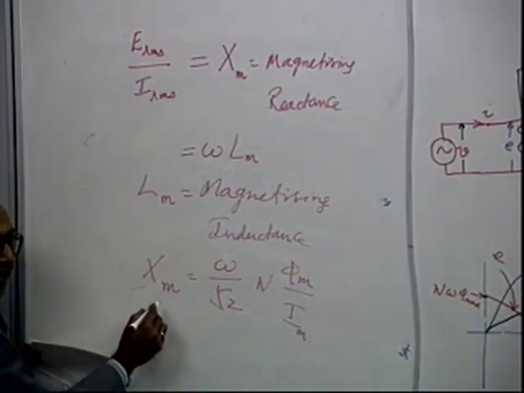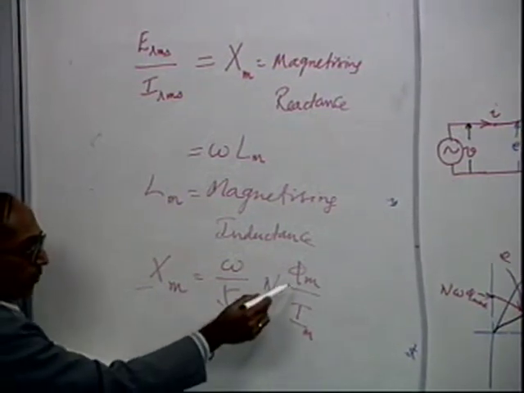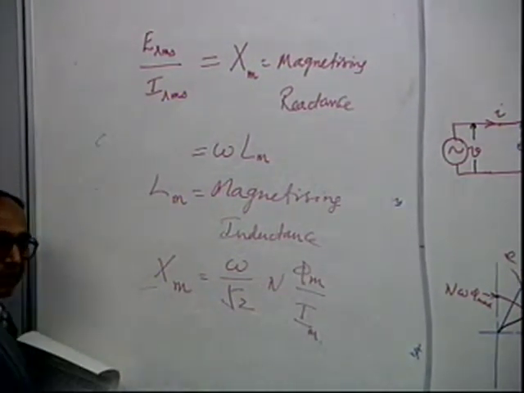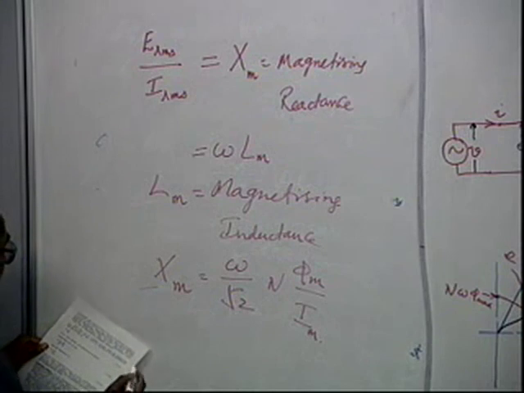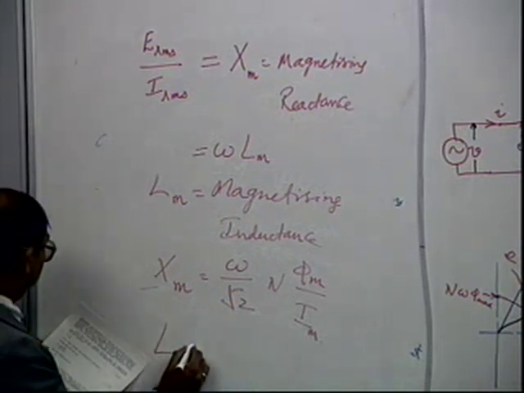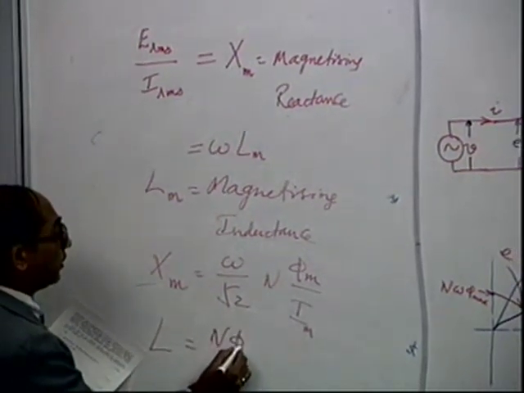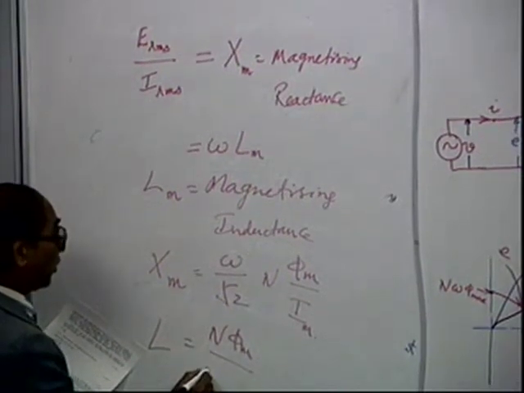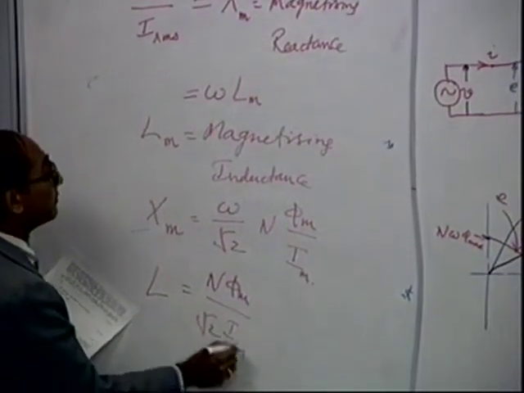So we have a relation: XM is proportional to phi m by IM, and inductance L will be N into phi m by root 2 IM.